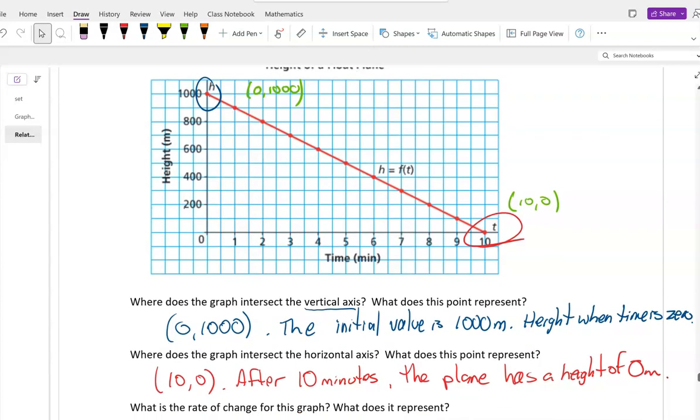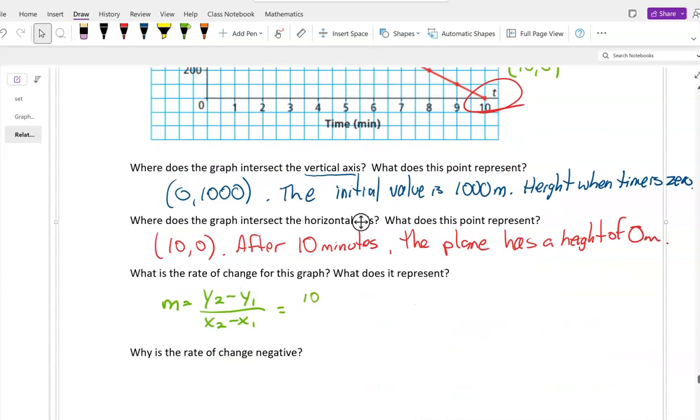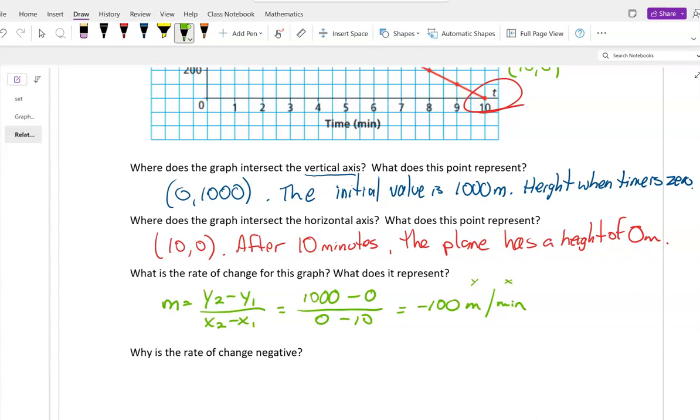And what's my change in y? 1,000 take away 0. What's my change in x? 0 take away 10. This is going to be negative 100, what? Meters per minute. How do I know what the what is? Okay, it's the y over the x.